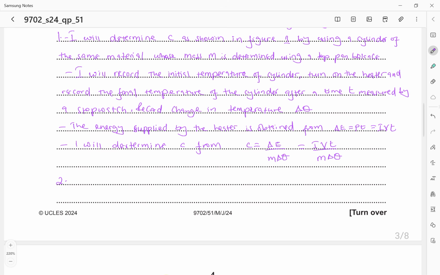So step number 2, I'll record the room temperature, not the initial temperature.